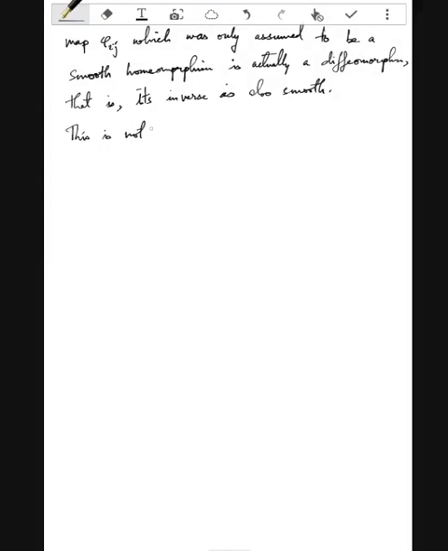So this is not true in general, right? Because we can take the example phi from R to R given by x goes to x cubed. This map is a smooth homeomorphism.